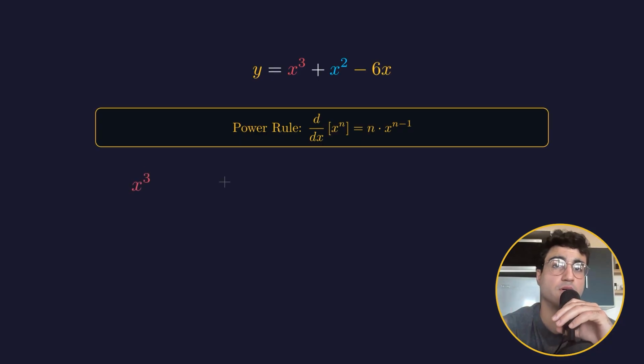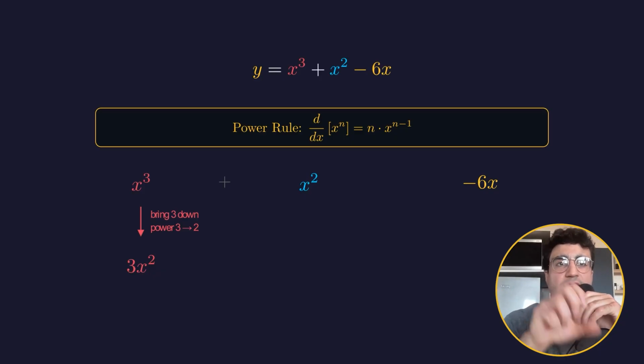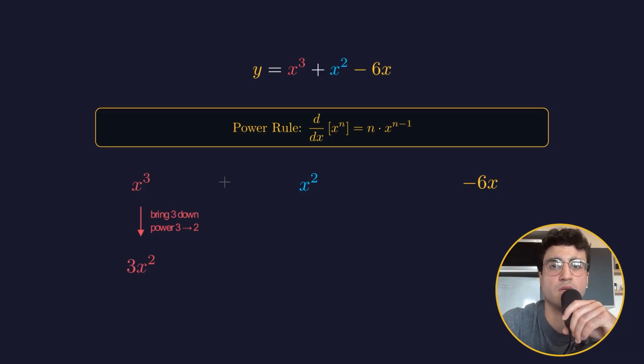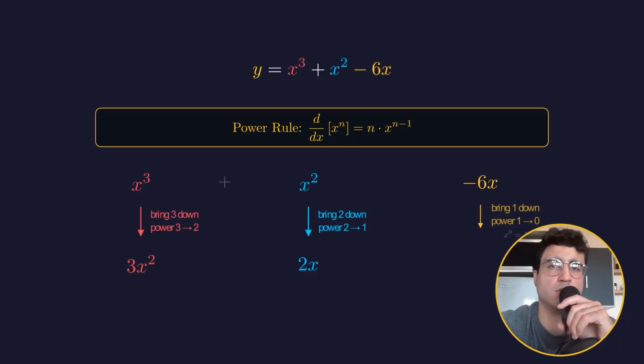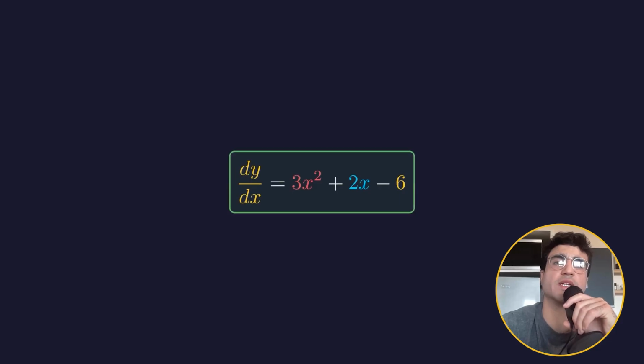Because remember our dy by dx method, whenever we have an algebraic expression, we take the exponent down, multiply it by our variable, and then minus 1 from our exponent. So that's all we've done here, just for x cubed plus x squared minus 6x. We've done that for each of the elements of our expression, so therefore we get 3x squared plus 2x minus 6 as dy by dx.